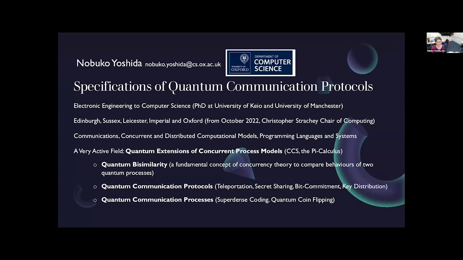My starting point is electronic engineering, so I'm quite familiar with the quantum mechanics side. After that, I moved to Edinburgh, Sussex, Leicester and Imperial for a while, and then recently moved to Oxford, taking the Christopher Strachey Chair of Computing.